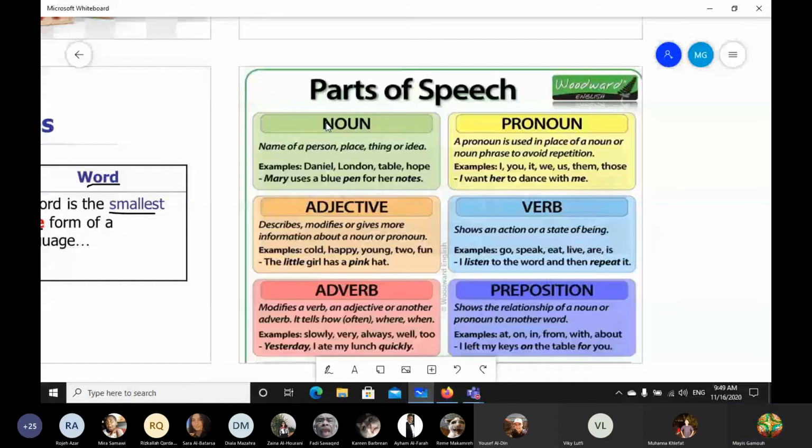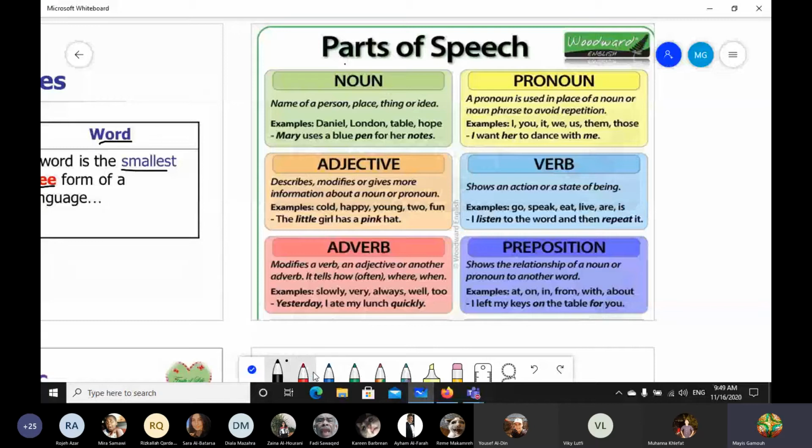So the parts of speech: the noun is the name of a person, a place, thing, or idea. The pronoun is used in order to replace the noun or the noun phrase to avoid repetition.